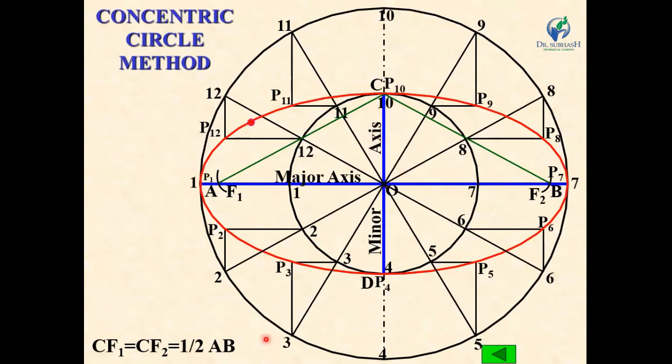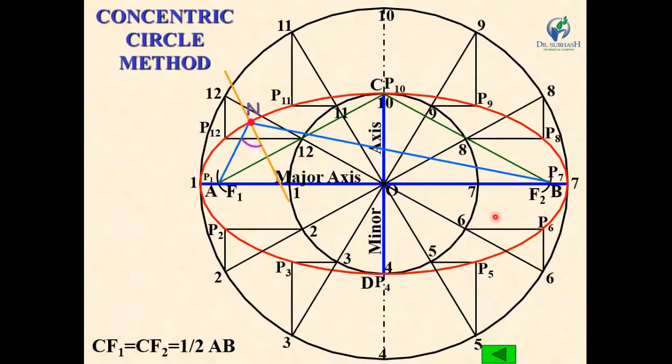Now, if you want to draw the tangent and normal at any point on this ellipse, suppose at this point N, then first of all join this point N with F1, so draw line NF1, and join this point N with F2.